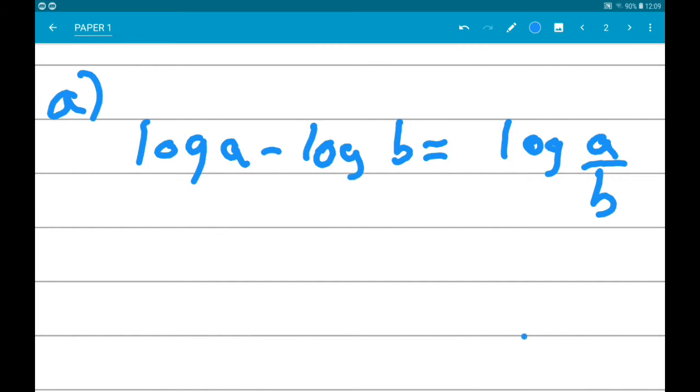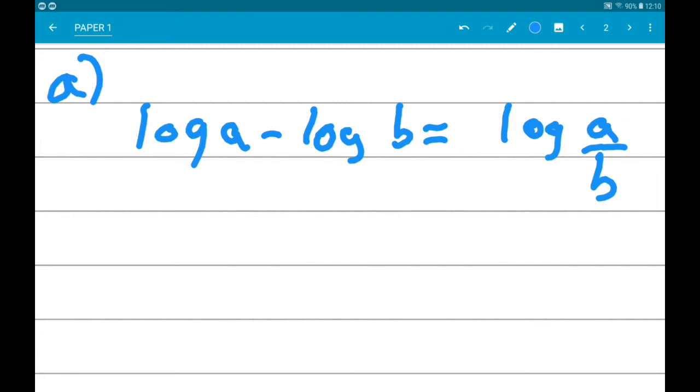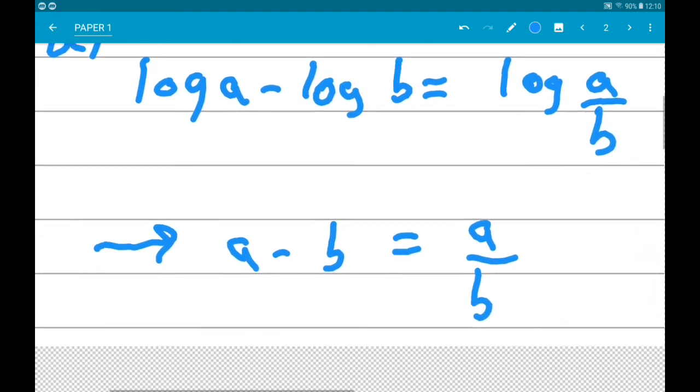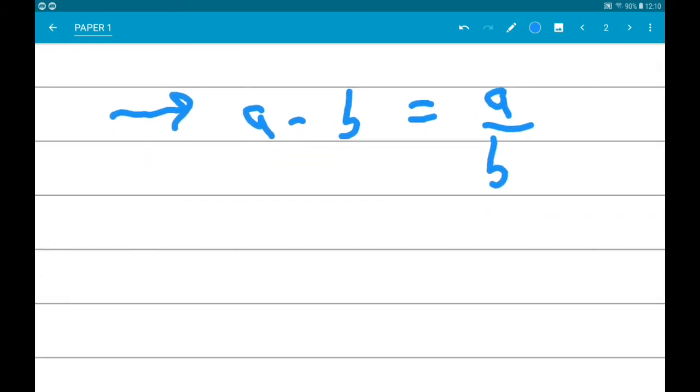So, that means here that A minus B is equal to A over B. Okay, now then, let's multiply through by B. So AB minus B squared is A. Okay, now we're trying to get A on its own.